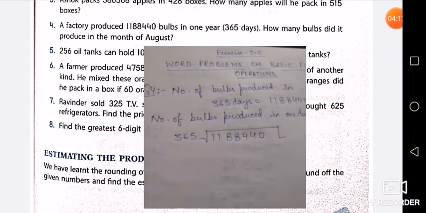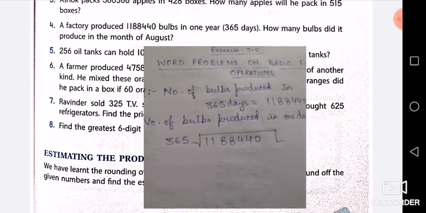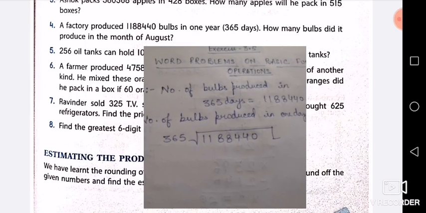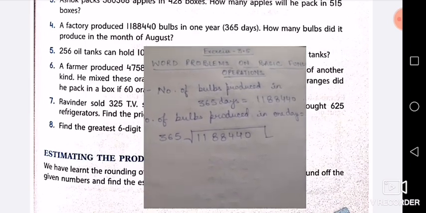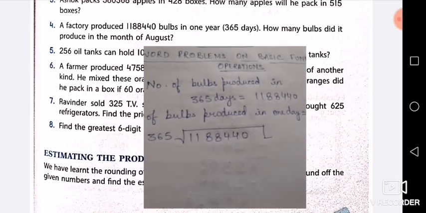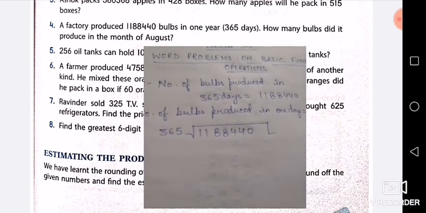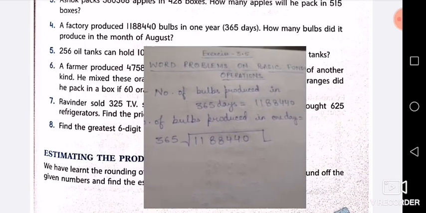As you can see on the screen, what is given in the question? The number of bulbs produced in 365 days is 11,88,440. That I have already written. Now you have to find the number of bulbs produced in 1 day.